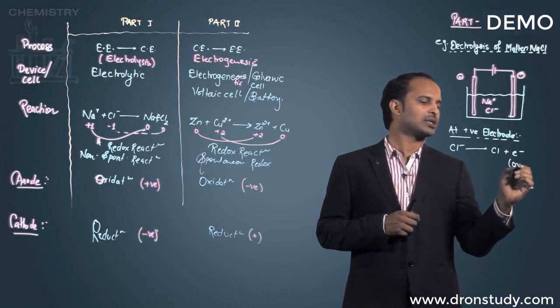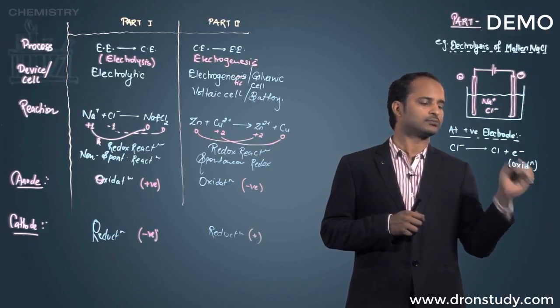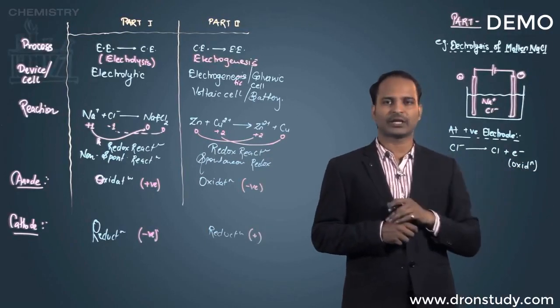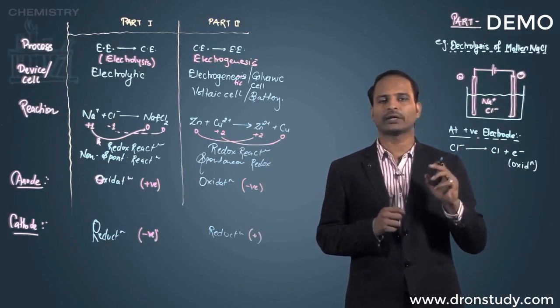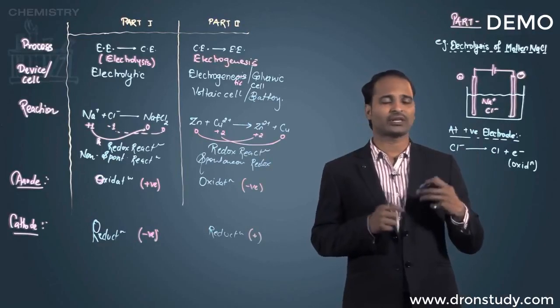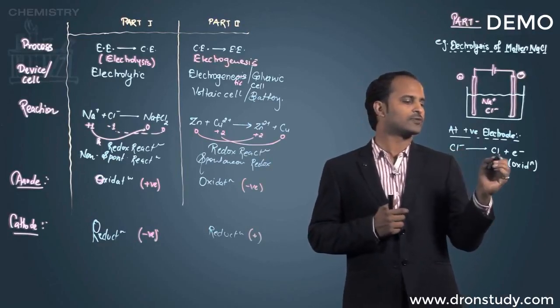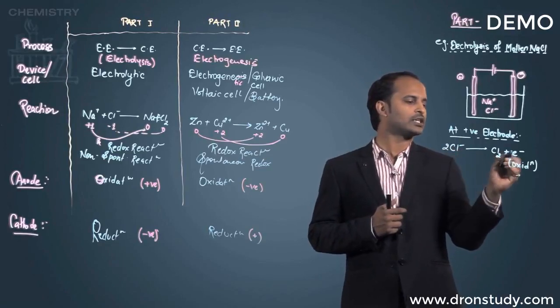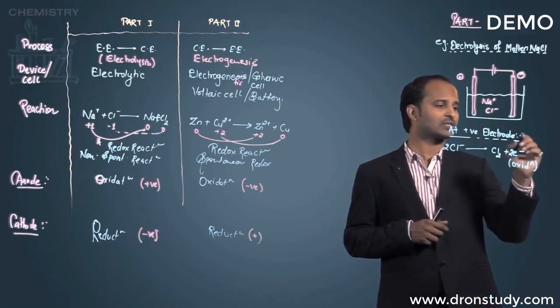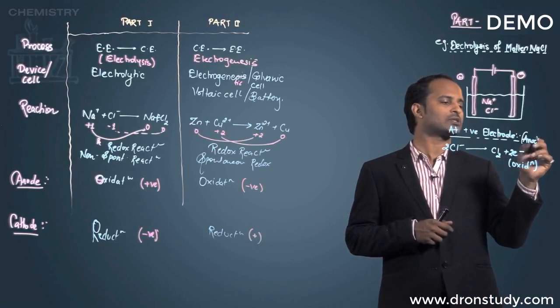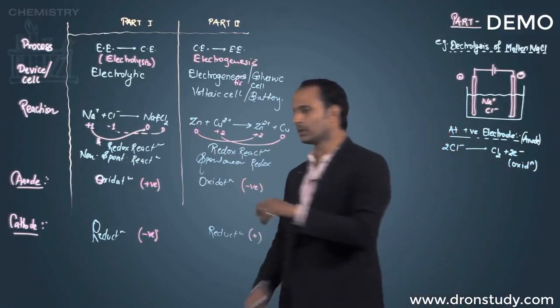So this is oxidation, loss of electron. And chlorine never exists in the form of Cl, it's always Cl2, the chlorine molecule. So for Cl2 there should be 2 chloride ions, and each will lose one electron.